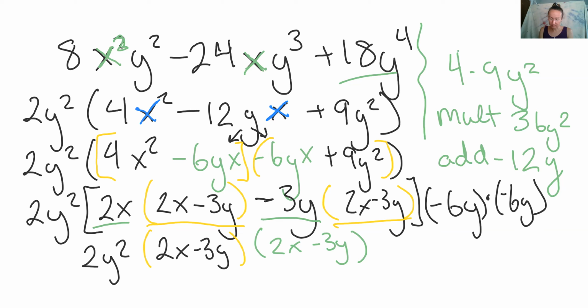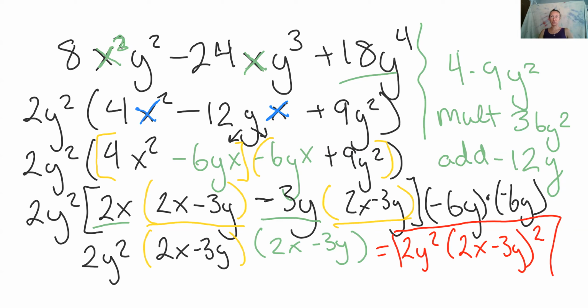This whole thing could be 2y squared times 2x minus 3y. And instead of writing that factor twice, I could write it as squared. All right, so that is our final factorization of that trinomial from the very beginning.